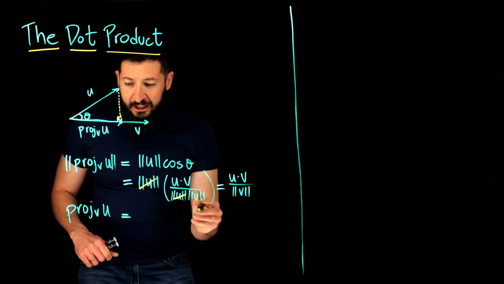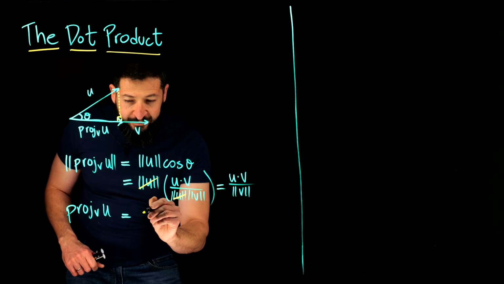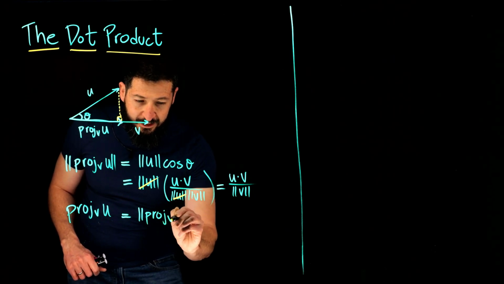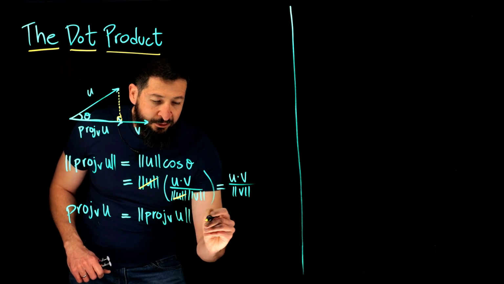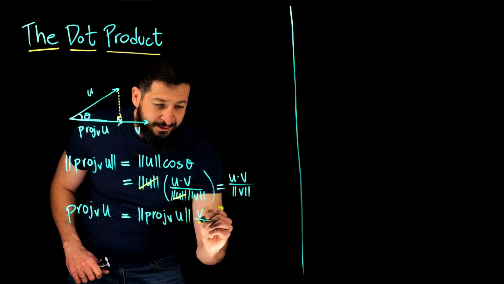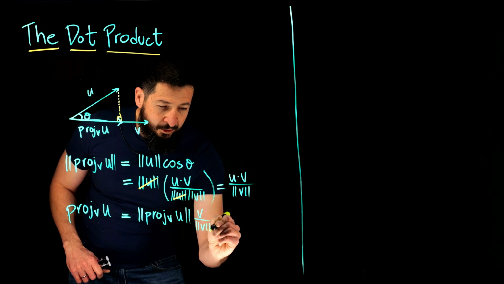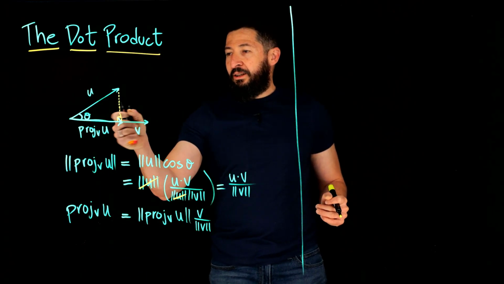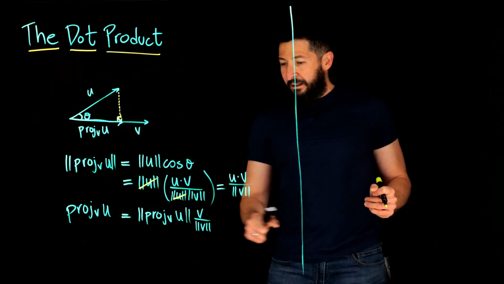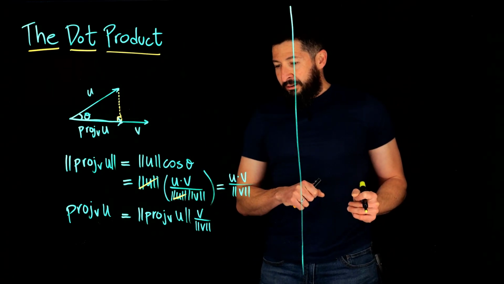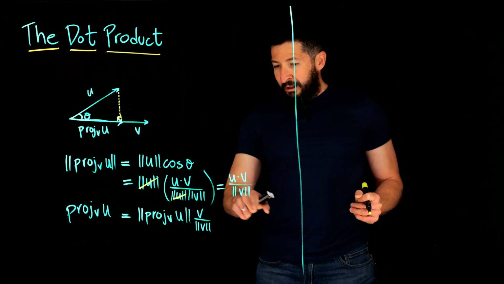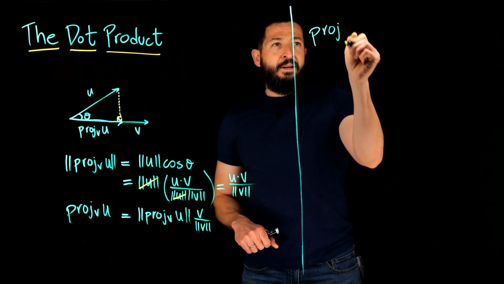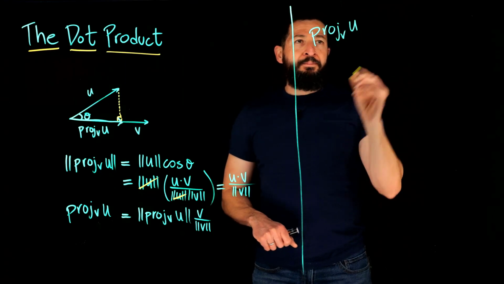And that would be equal to the magnitude of the projection onto v of u times a unit vector in the direction of v of magnitude 1, so it doesn't change the magnitude. So something that is going in the direction of v without changing the magnitude. But that's going to be that vector. And all I have to do then is substitute this in, where I get my formula for the projection of u onto v.